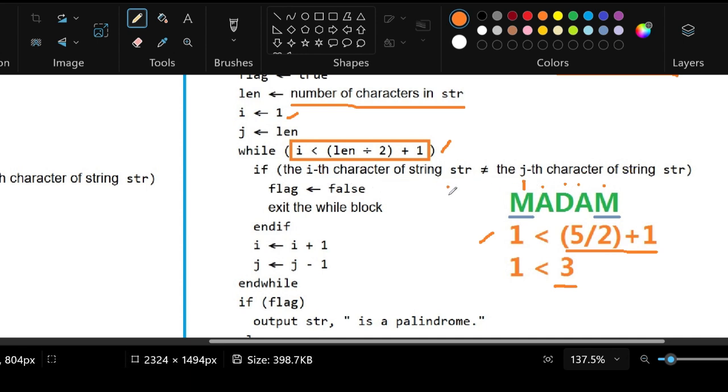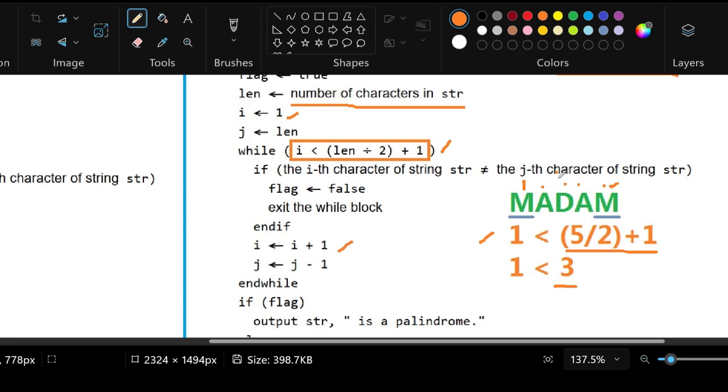And it's saying that if the current i, in this case M, is not equal to the current j, which is here 5, if they're not the same, then we exit the while block and say that this is not a palindrome. Okay, so far the current i and the current j are the same.